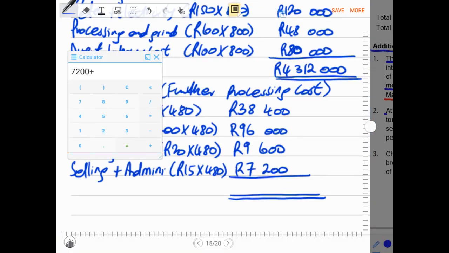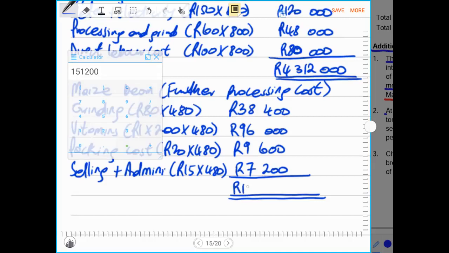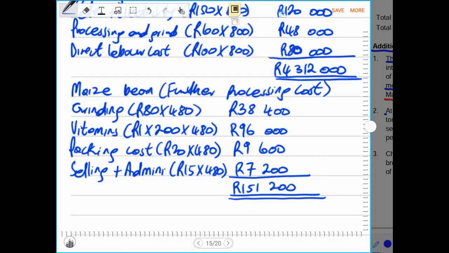So 7,200 plus 9,600 plus 96,000 plus 38,400. This gives me a total of 151,200. This is the further processing cost of the maize bean.